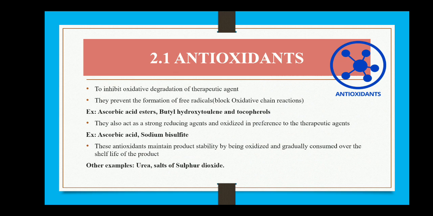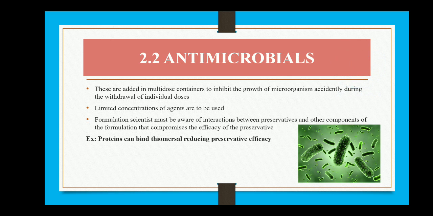They also act as strong reducing agents and oxidize in preference to the therapeutic agent. Examples: ascorbic acid, sodium bisulfite. These antioxidants maintain product stability by being oxidized and gradually consumed over the shelf life of the product. Other examples include urea, salts of sulfur oxides and so on.